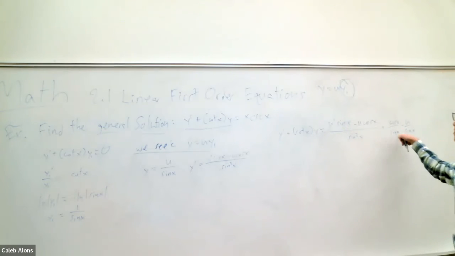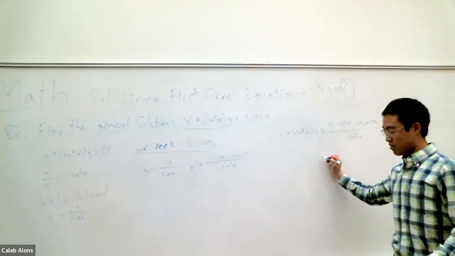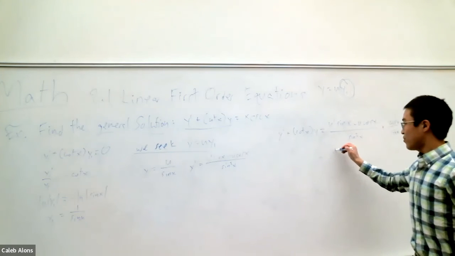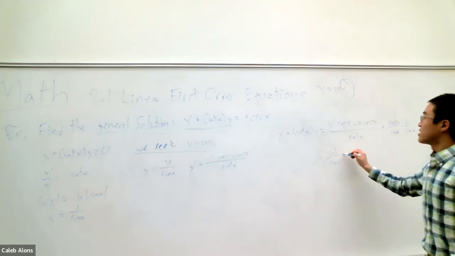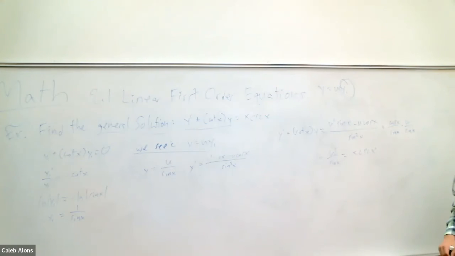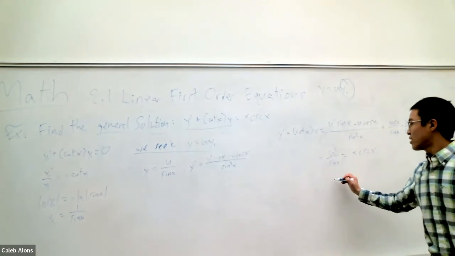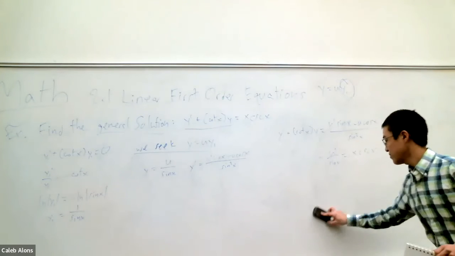When you factor out, you see that you get the same denominator, factor, cancel cotangent, and then you have u prime over sine x is equal to x cosecant x. And this implies that u prime is x, right?